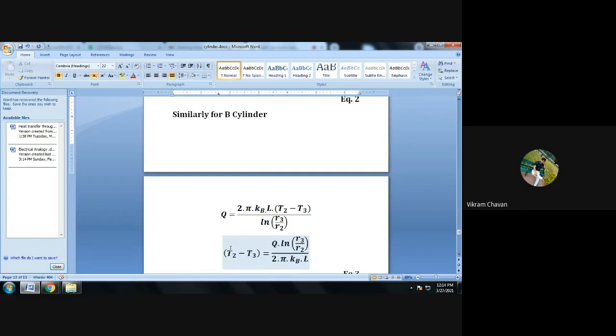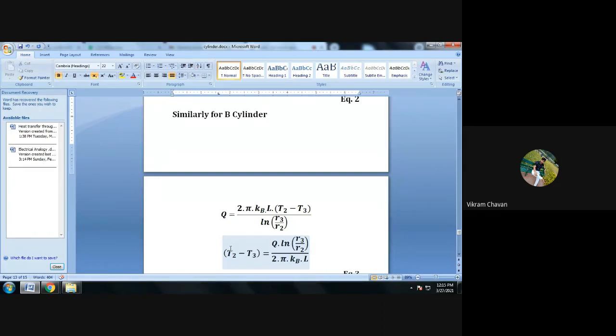Internal surface temperature is T2 and external surface temperature is T3. Whole divided by ln of R3 divided by R1. That will be the conduction heat transfer equation for cylinder B.